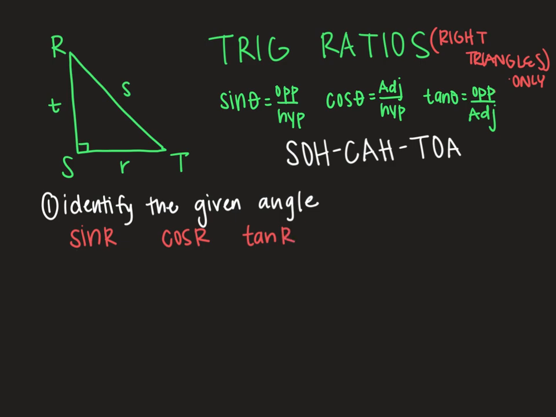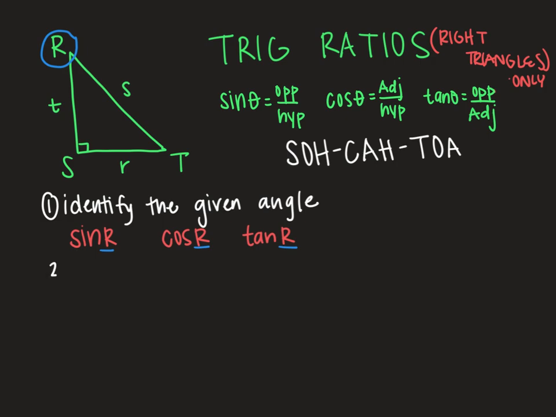So my problem is finding the trig ratios of these three things with angle r. Since r is in all of these, r is going to be my given angle. One thing, your given angle will never be your right angle, never. It's either going to be one of the two smaller angles. So r is my given angle.